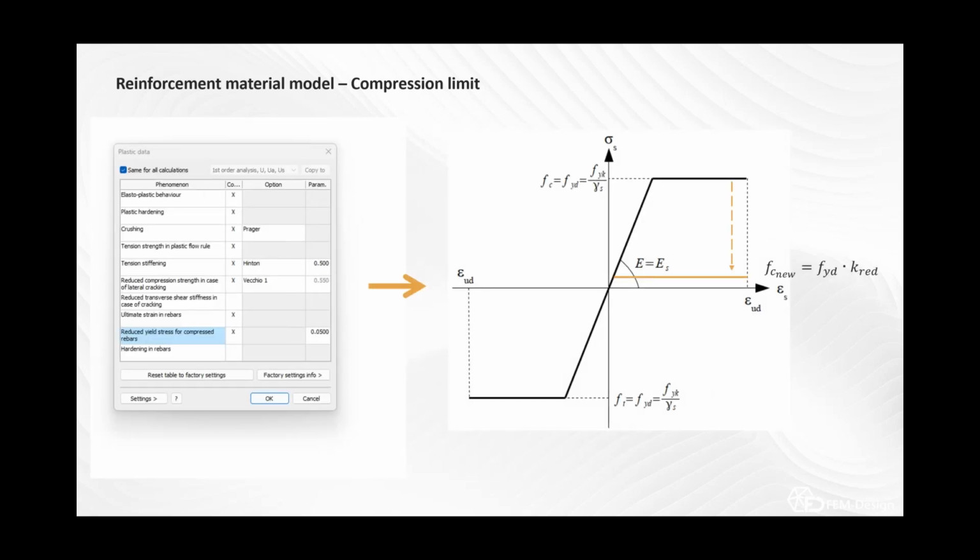The way you do that is basically, in this case, it was reduced to 5%. So it can be any value between 5% and 100%. Quite easy to use in this regard.